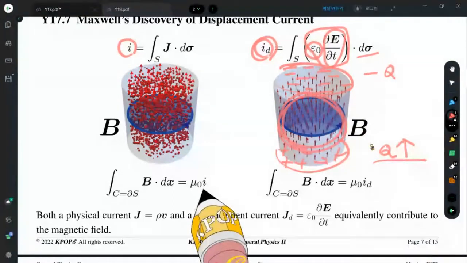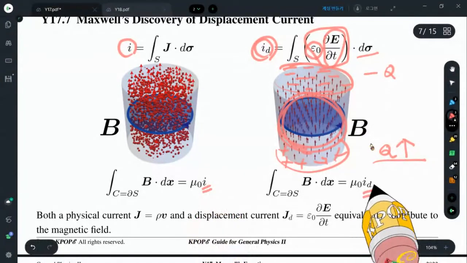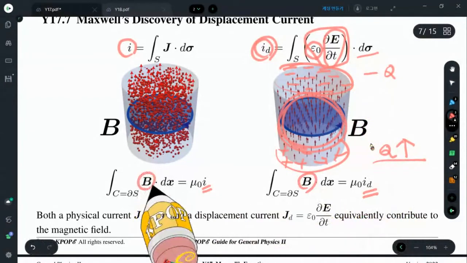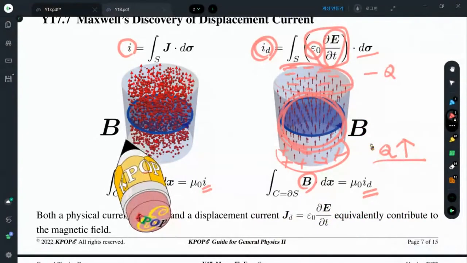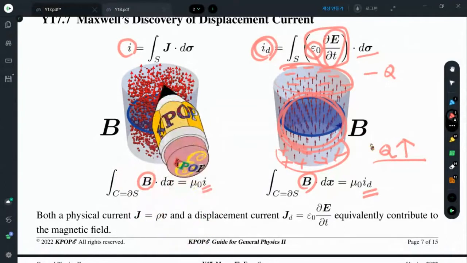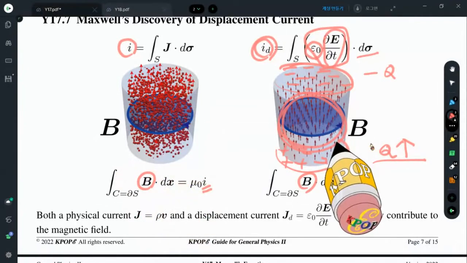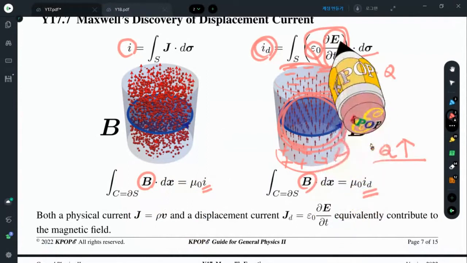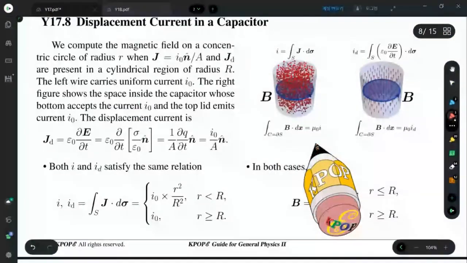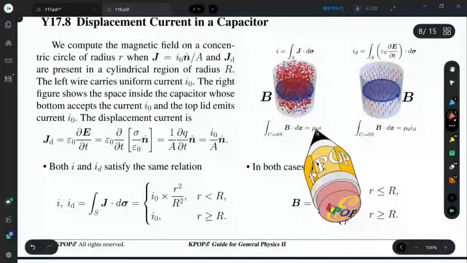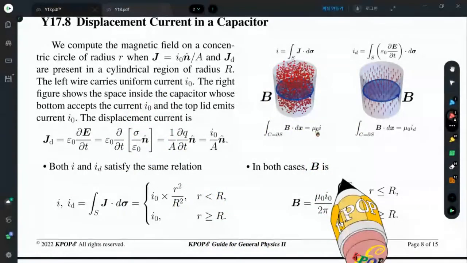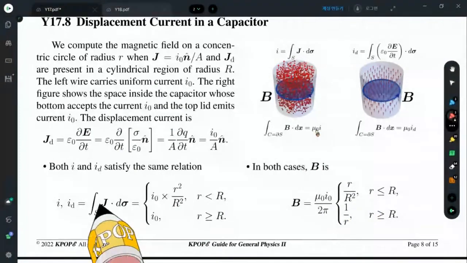Both actual current and the change in the electric field behave as a source of the magnetic field. So magnetic field can be created from the actual current, and in addition, it can be created by the changing electric field. So displacement current in a capacitor can be studied in this way, and I think you can follow along with this derivation.